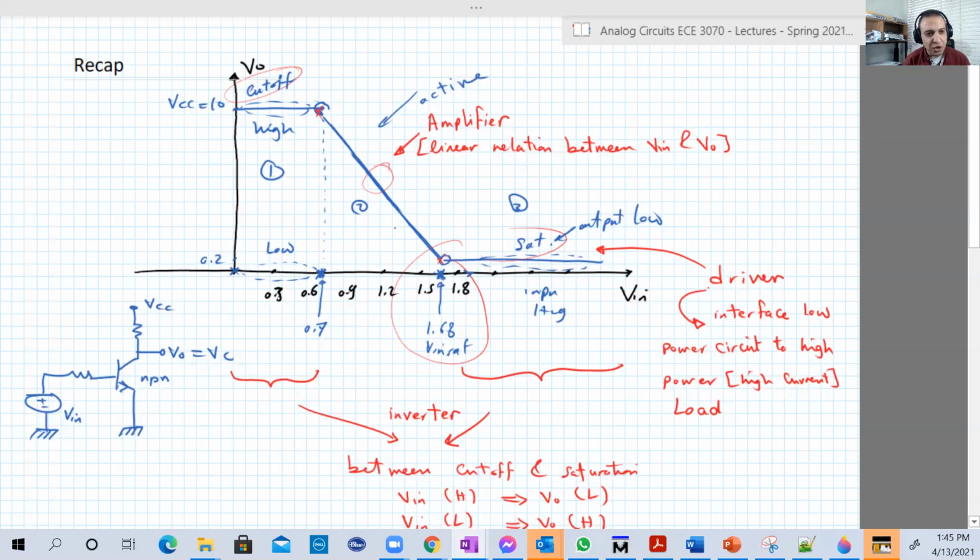Although it's not that strict, the transition is usually very smooth. This has an impact: the practical range in which the active region is really linear, where the relation between VO and V input is linear, is really small. So the range in which we can use a transistor as an amplifier is really small. So let's get into that.